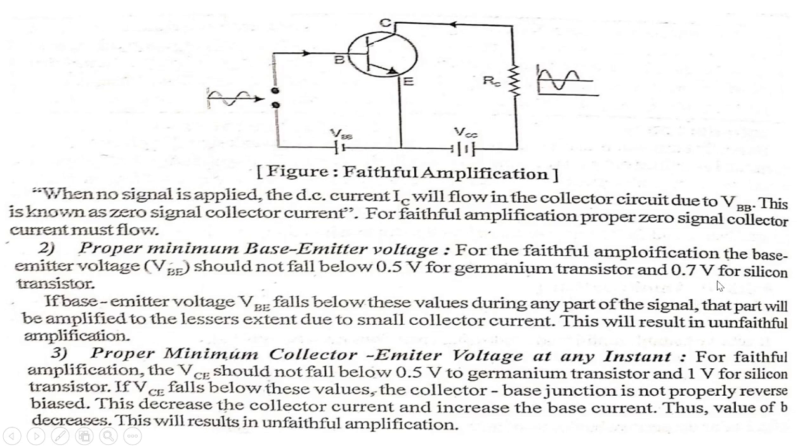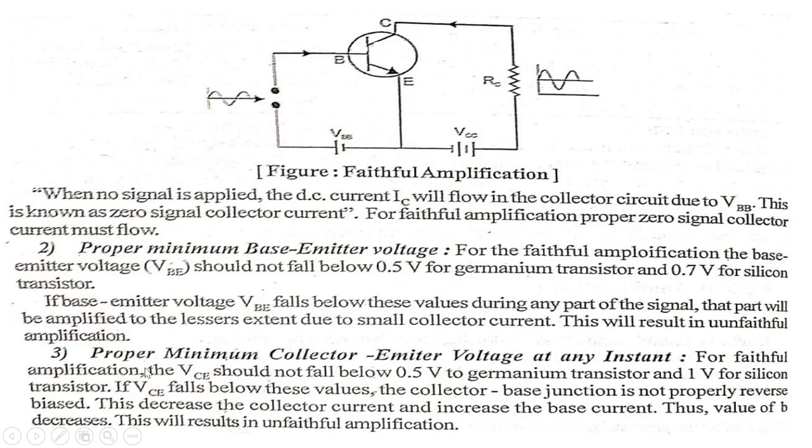If the base emitter voltage VBE, as shown in the figure, falls below this value during any part of the signal, that part will be amplified to a lesser extent due to small collector current. This will result in unfaithful amplification.